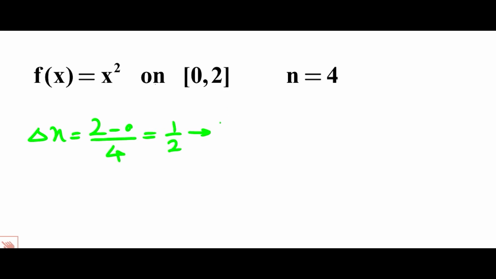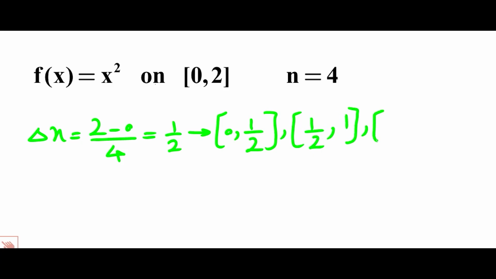So the partition points are 0 to 1 half, 1 half to 1, 1 to 3 over 2, and 3 over 2 to 2, right?